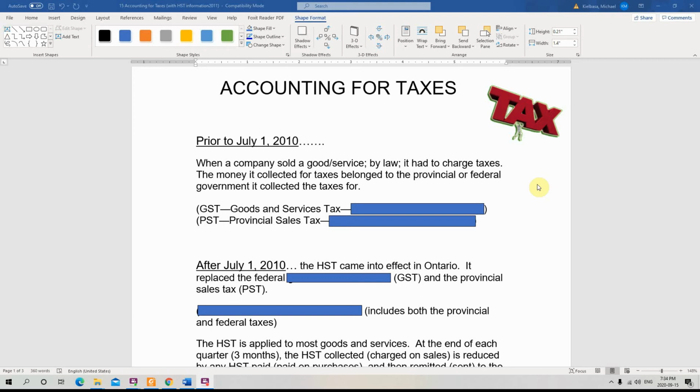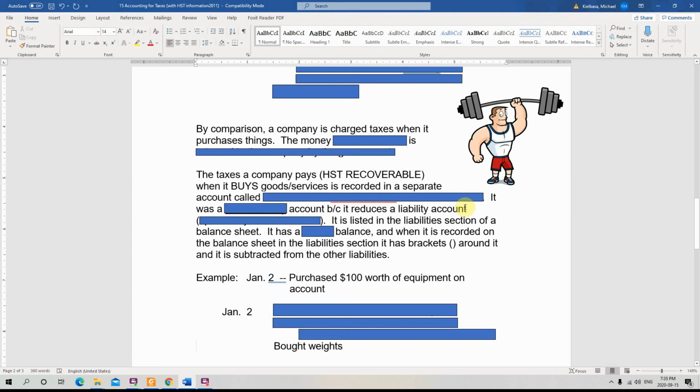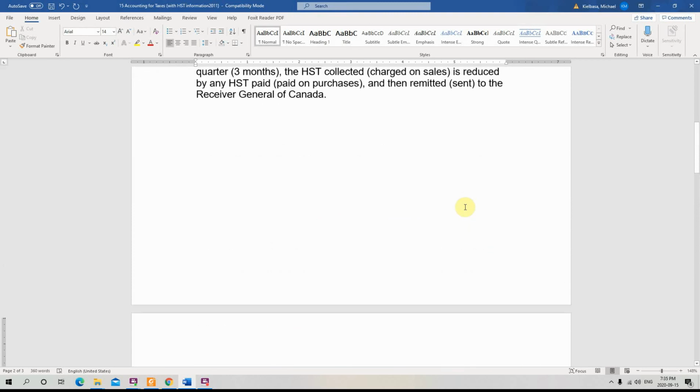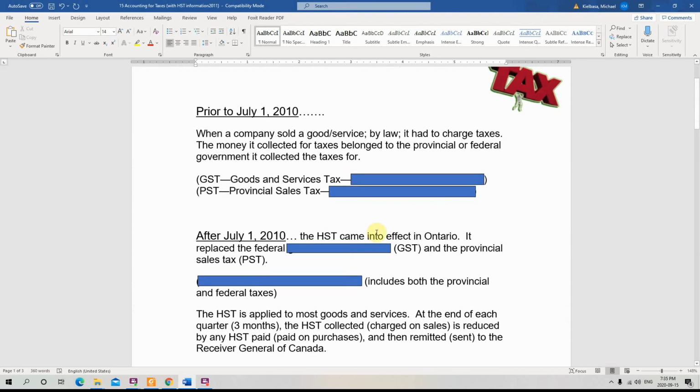But prior to 2010, we had a goods and services tax or GST, and it was 5%.